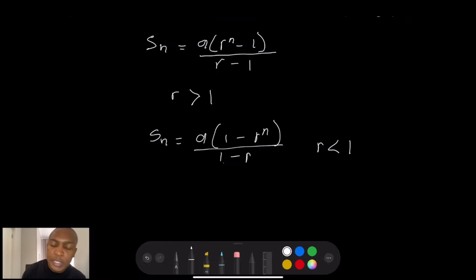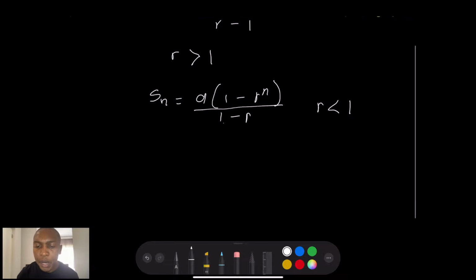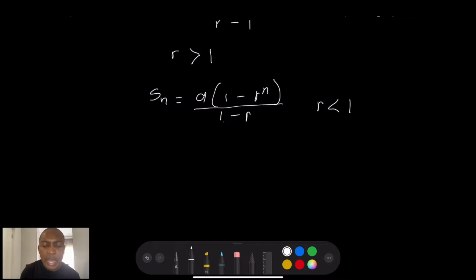Now, ladies and gents, what does it mean when r is less than 1 or greater than 1, or whatever the case may be? I want you to keep in mind that r is the common ratio, which means that in this progression we move to the next term by multiplying by a constant.